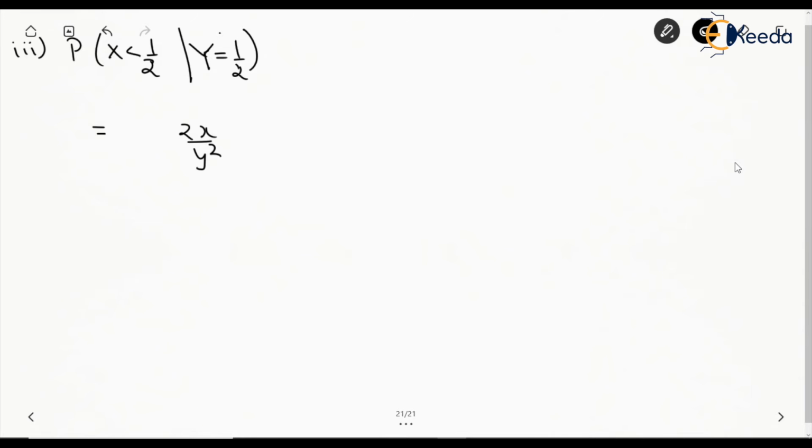Now that 2x, we know that f of x given y is equal to 2x by y square, where y is nothing but 1 by 2 here. So let's directly put it here. This is going to be 1 by 2 whole square. So this is the f of x given y is equal to 1 by 2.